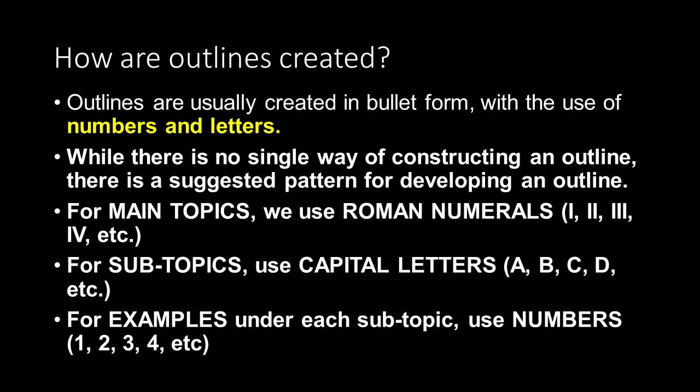So for main topics, we usually use Roman numerals. I believe we know what Roman numerals are. I, double I, triple I, IV, etc. When we talk about subtopics, we use capital letters, A, B, C, D. And for examples under each of the subtopics, we use numbers 1, 2, 3, and 4.